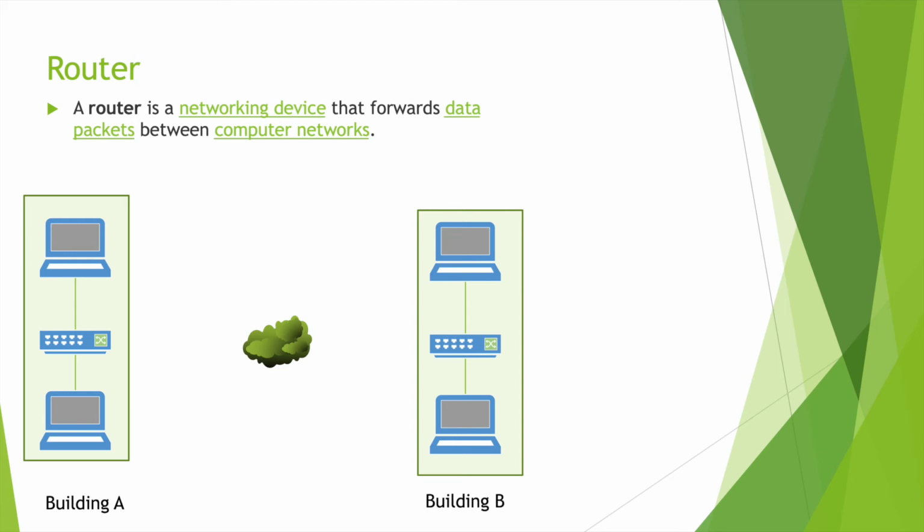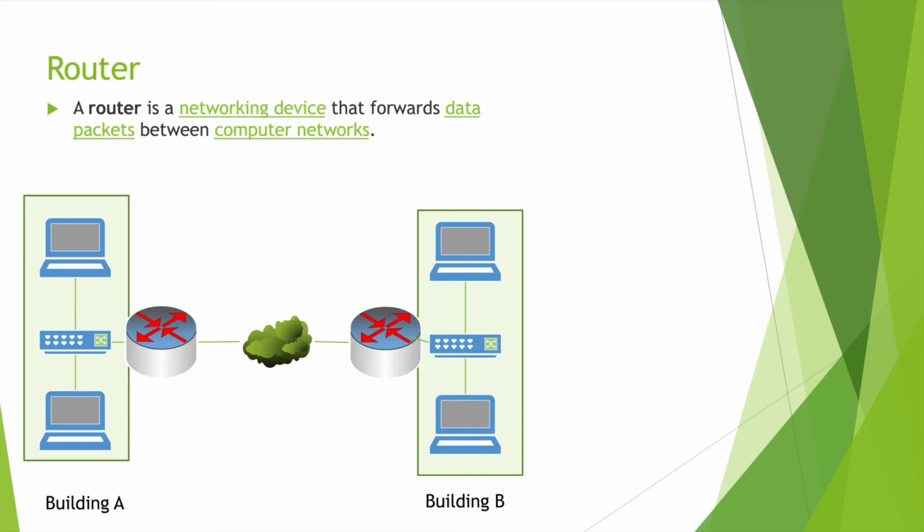To forward traffic from building A to building B through the internet, they need to be connected via a router. So this is how you connect the router. You can see building A's switch is directly connected to the router, and then the router connects to the internet, and building B's switch is also connected to a router.